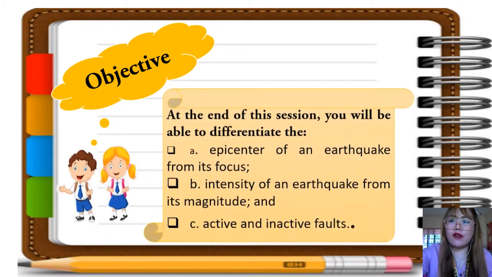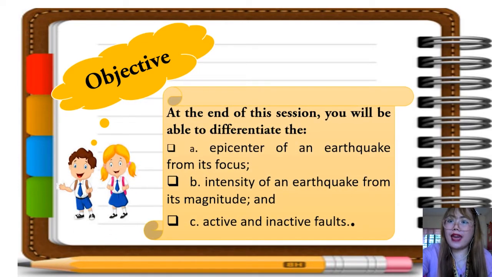At the end of this session, you will be able to differentiate the following: A. Epicenter of an earthquake from its focus, B. Intensity of an earthquake from its magnitude, and C. Active and inactive faults. So, are you now ready to listen? Fabulous! Now, sit back and relax, because after a short break, we will start our lesson.